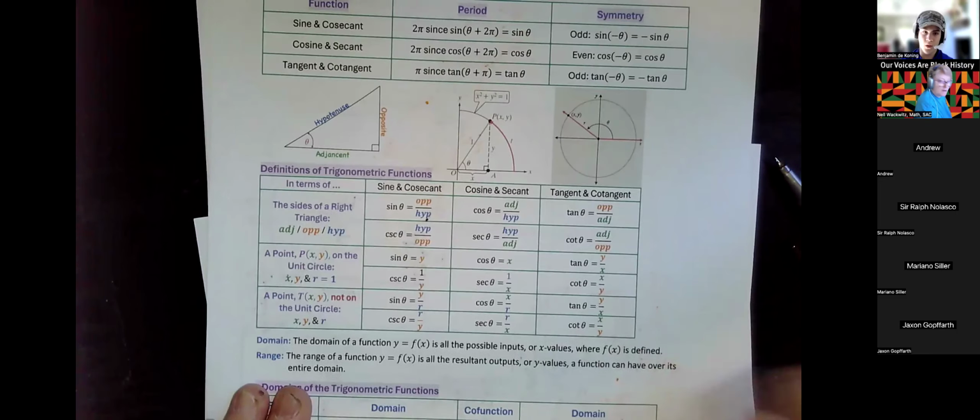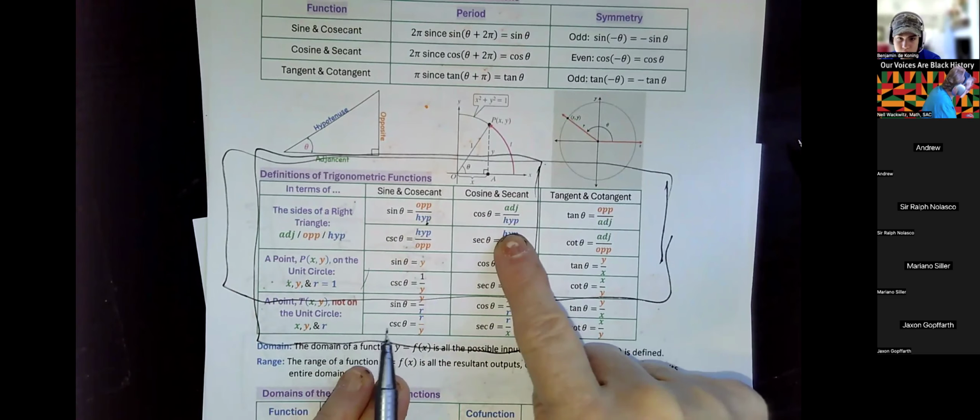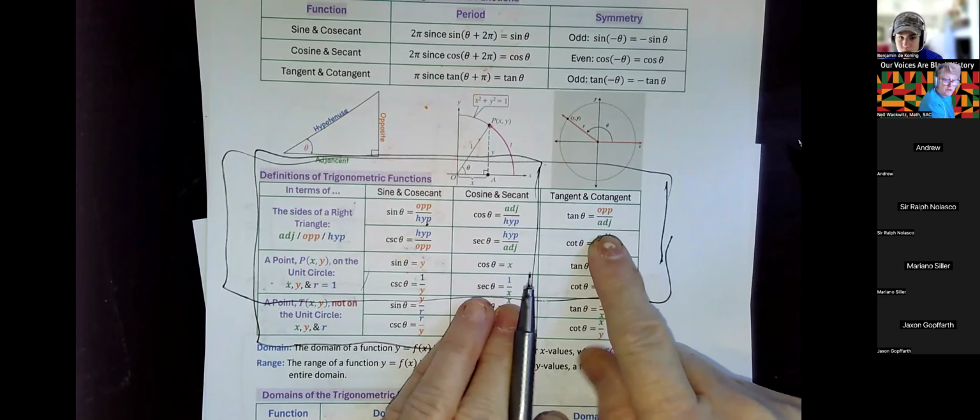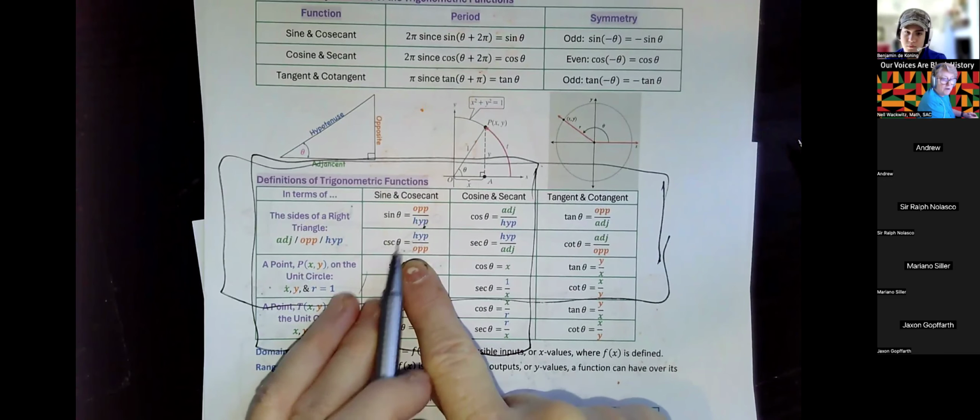The notes that I sent y'all today have, this is the part that we are caring about right now. Using the sides of a right triangle, sine is opposite over hypotenuse, cosine is adjacent over hypotenuse, tangent is opposite over adjacent, and then cosecant is hypotenuse over opposite, secant is hypotenuse over adjacent, cotangent is adjacent over opposite.